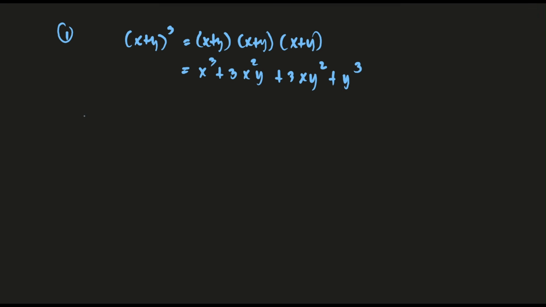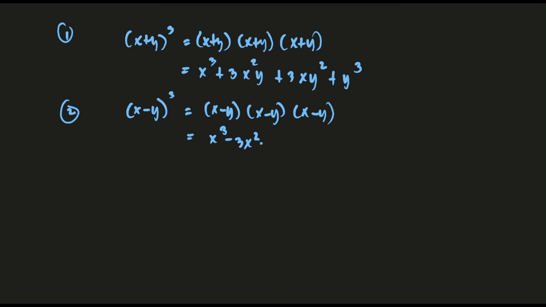This is our first situation, and lastly we have the second situation, the cube of x minus y, or x minus y times x minus y times x minus y. Now, this is x cubed minus 3x squared y plus 3x y squared minus y cubed.